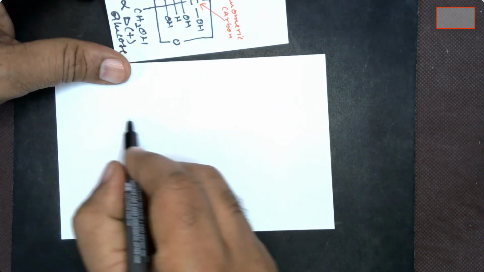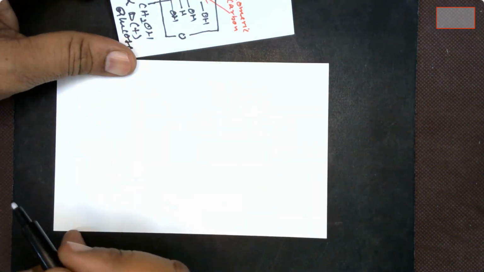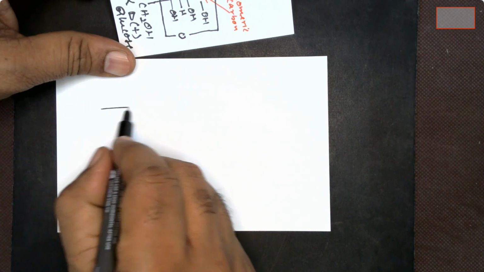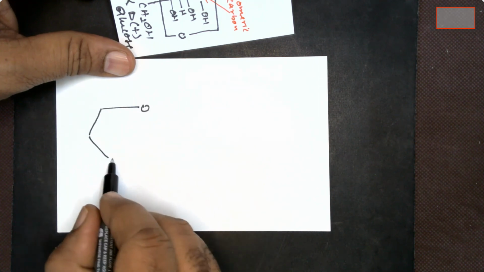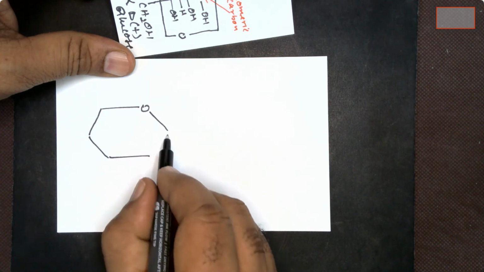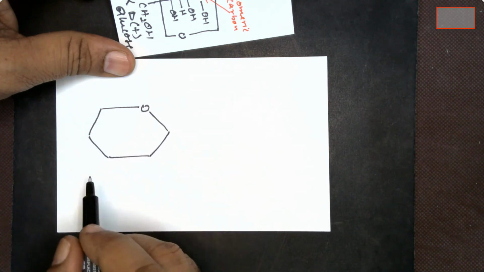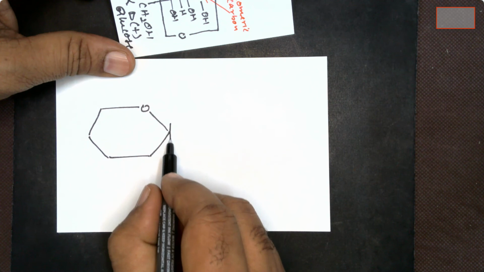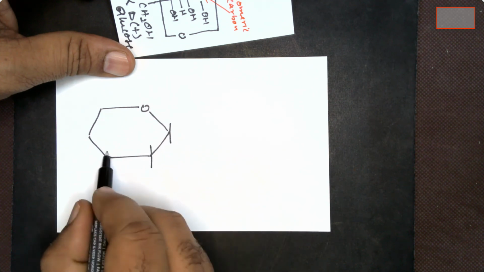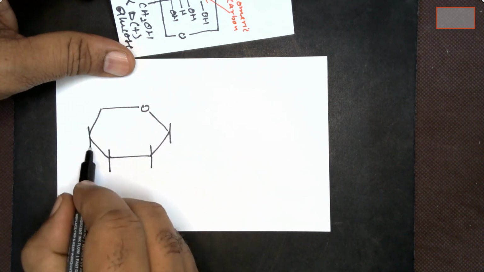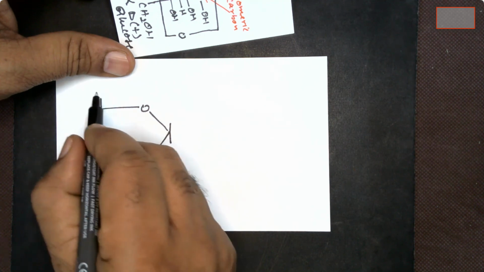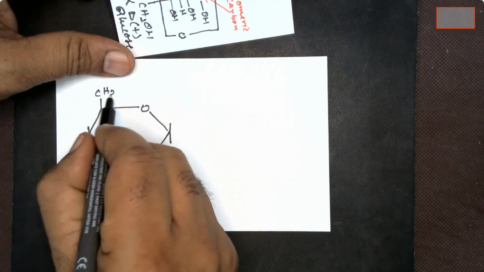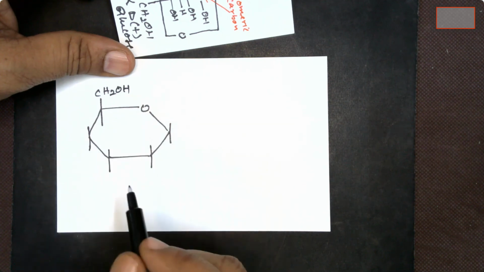So you can write like this, you can put oxygen here. Okay, and this is the first carbon, second carbon, third carbon, fourth carbon, fifth carbon, and you can write down the sixth carbon here. Done.